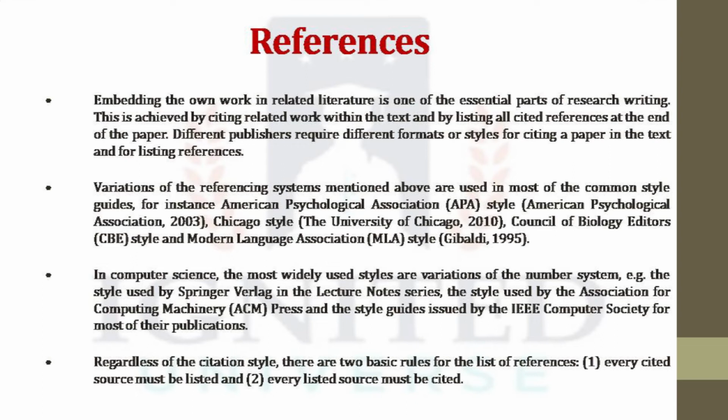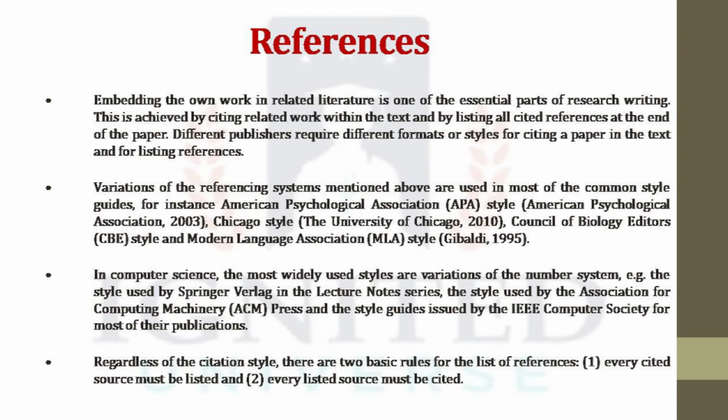One point to be noted here is that in computer science, the most widely used styles are variations of the number system, like the style used by Springer-Verlag in the Lecture Notes series, the style used by the Association for Computing Machinery, that is ACM Press, and the style used by the IEEE Computer Society for most of their publications.